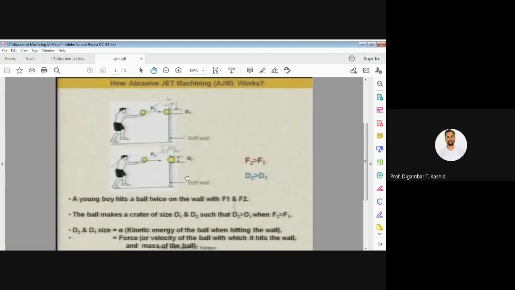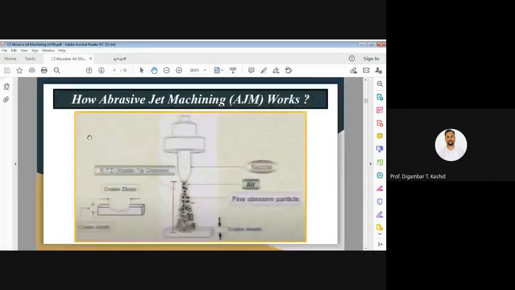In the same way, we will see that when we have thousands of abrasive particles hitting the workpiece, they remove material from the workpiece.